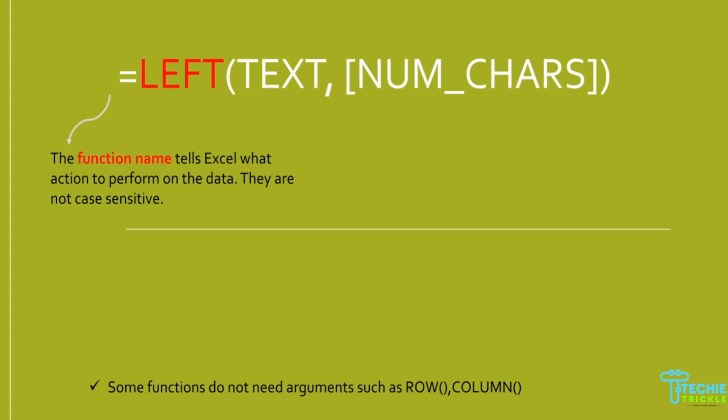Some arguments are optional, some are mandatory, and in some cases the functions do not need any arguments, like the row and column function. We will come to that later on, but as of now you can just know that a function can have arguments in it.